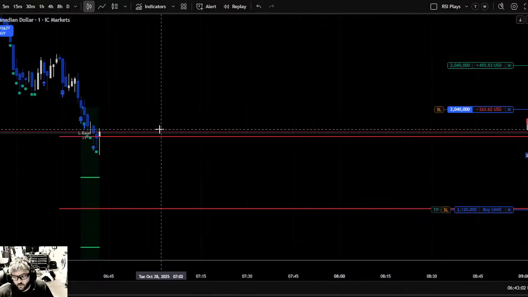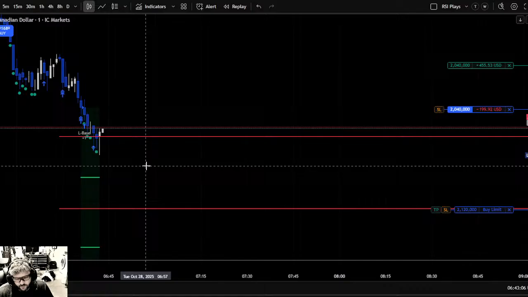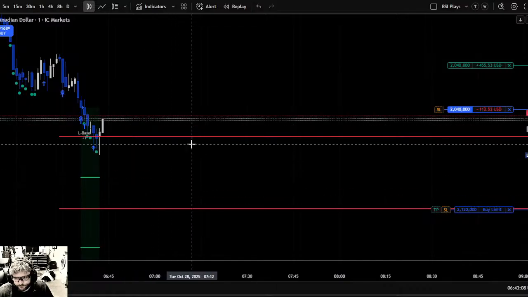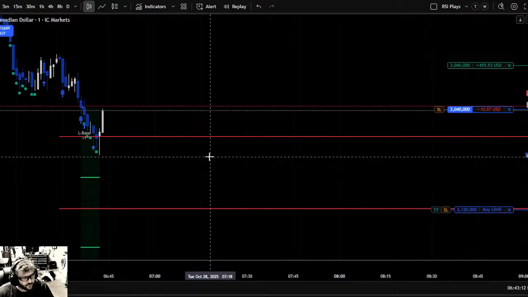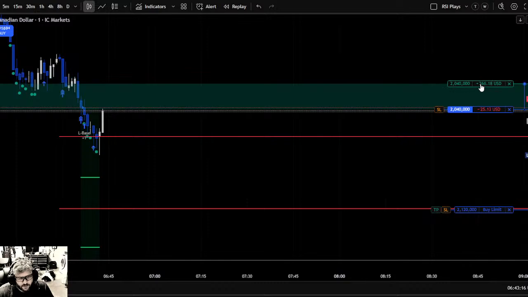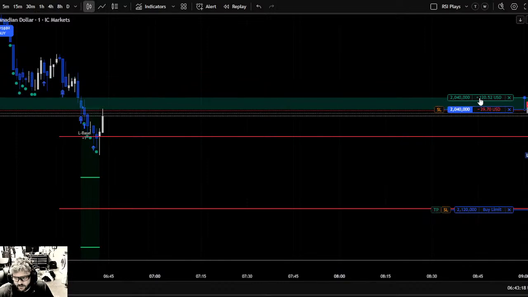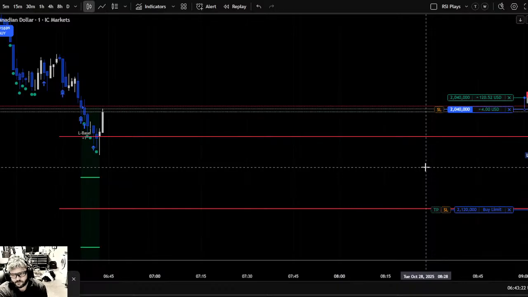But the idea would have been to space these out in 2 or 3 pip increments. That would have been the better deal. And I think we're going to try to get out of this, maybe right here.